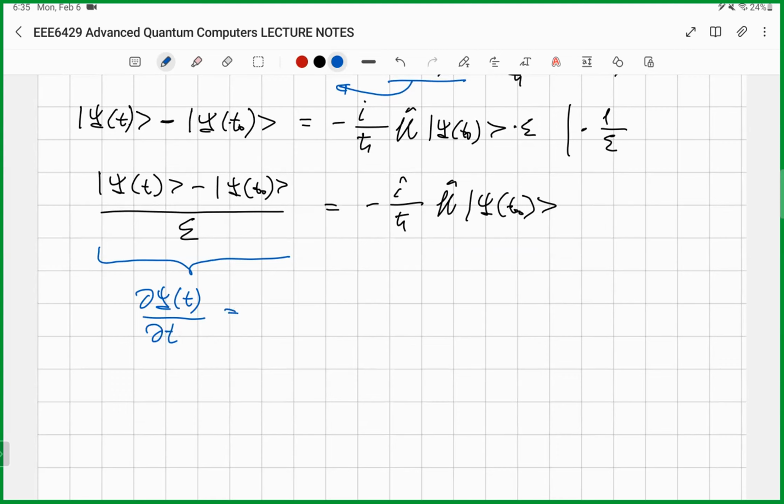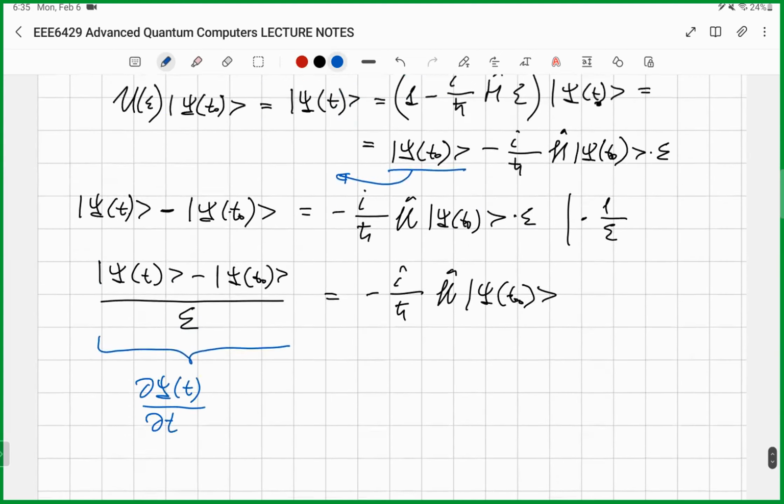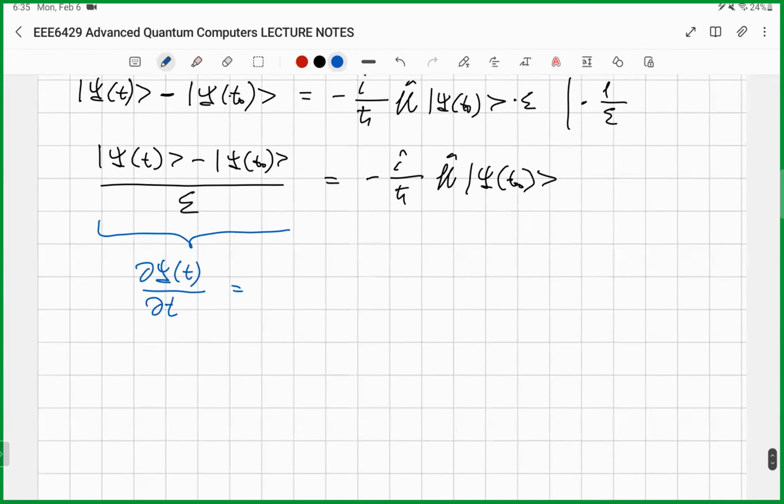On the other hand, this is equal to this part on the right. So it will be equal to minus i over h bar Hamiltonian. And when we replace this function change by the partial derivative, I have to write t here.